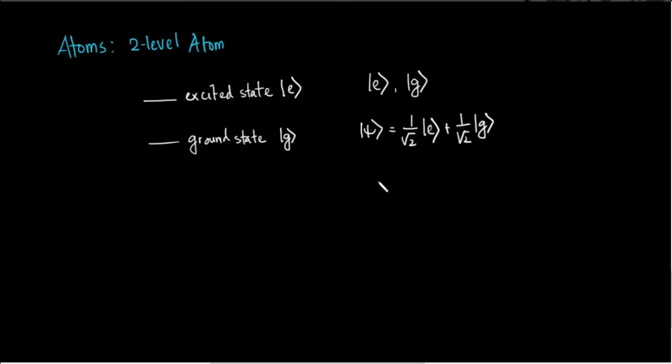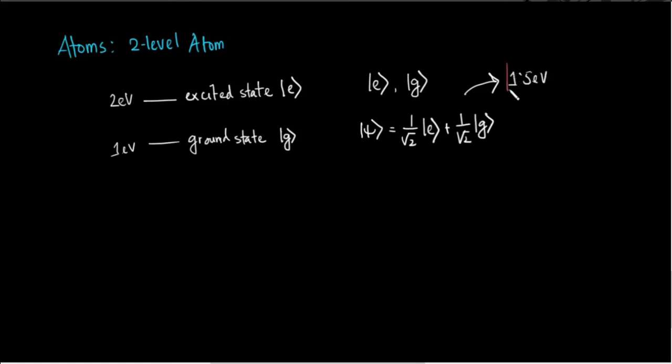Again, like the previous example, that does not mean that the energy of this atom is between these two states. Suppose this is 1 electron volt and this energy is 2 electron volt. This state does not mean that the energy of this atom is 1.5 electron volt.